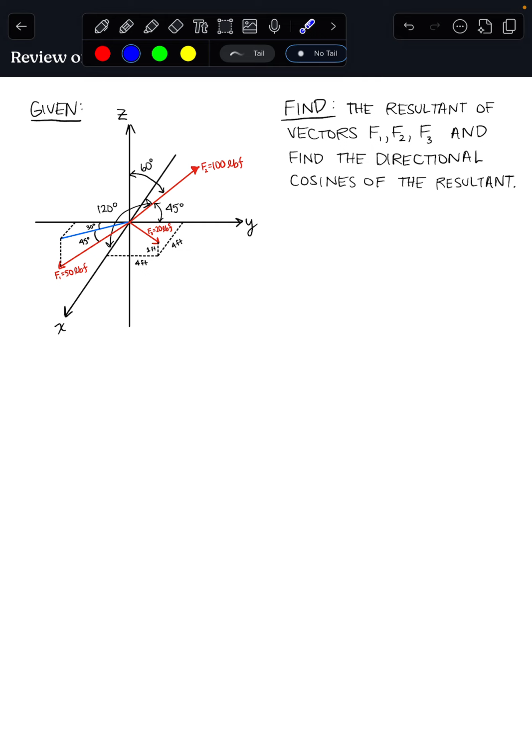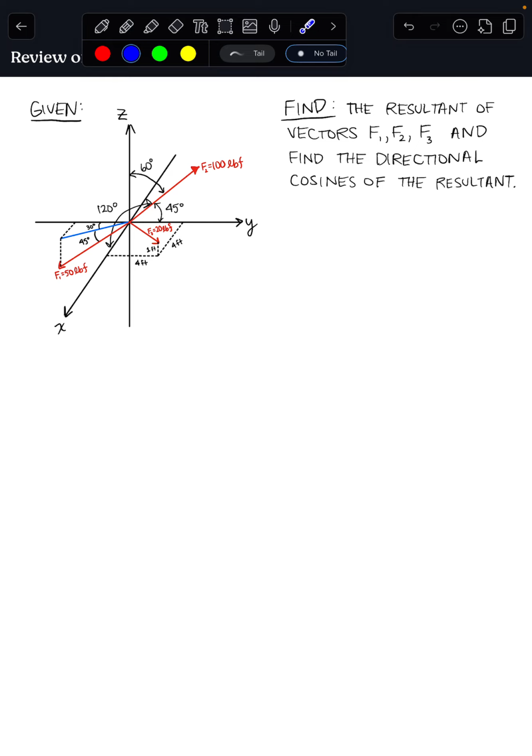So, okay, we've got our angle of 45 degrees, and then we've got another 30-degree angle, and that's the angle that this blue line is making with the y-axis here. Next, we have F2, and for F2, we're given these three different angles. That's the angle that F2 is making with each one of our coordinate axes, x, y, and z.